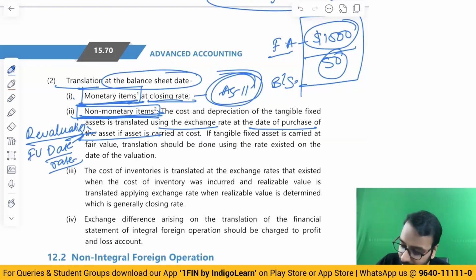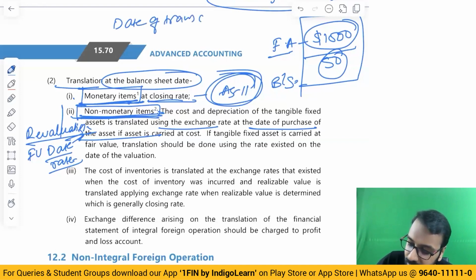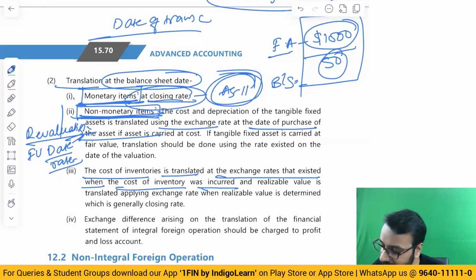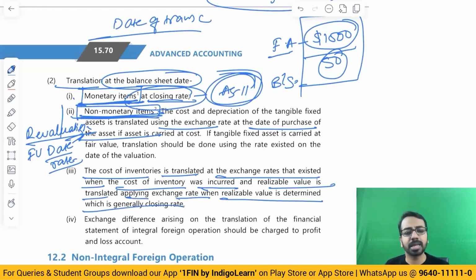So basically, you keep in mind it is the rate on the date of transaction, except monetary items which are taken at closing. Then cost of inventories is translated at the exchange rate that existed when the cost of inventory was incurred, and realizable value is translated applying the exchange rate when the realizable value is determined. This again is basically your transaction date.